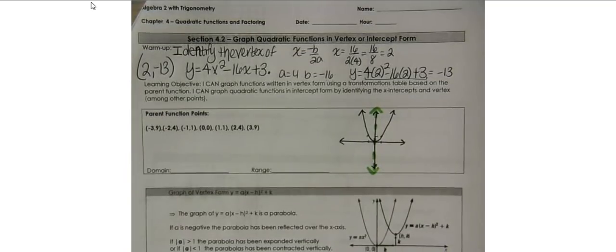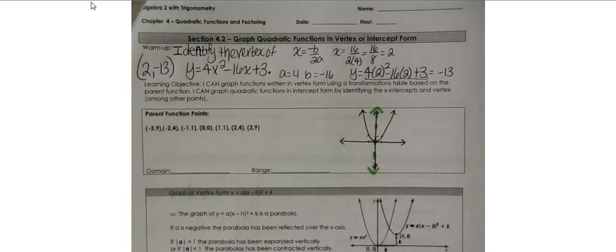Hopefully you got this answer correct, because being able to identify a vertex is going to be very important throughout this entire chapter. Identifying the vertex is going to be different with all of our different ways that we can write a quadratic function. There are 3 ways: standard form, vertex form, and intercept form.